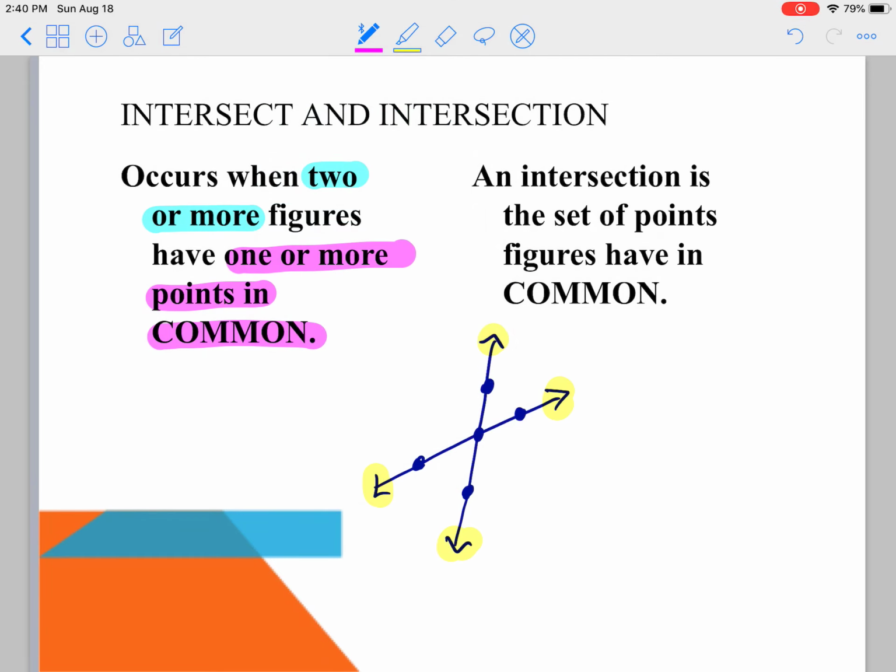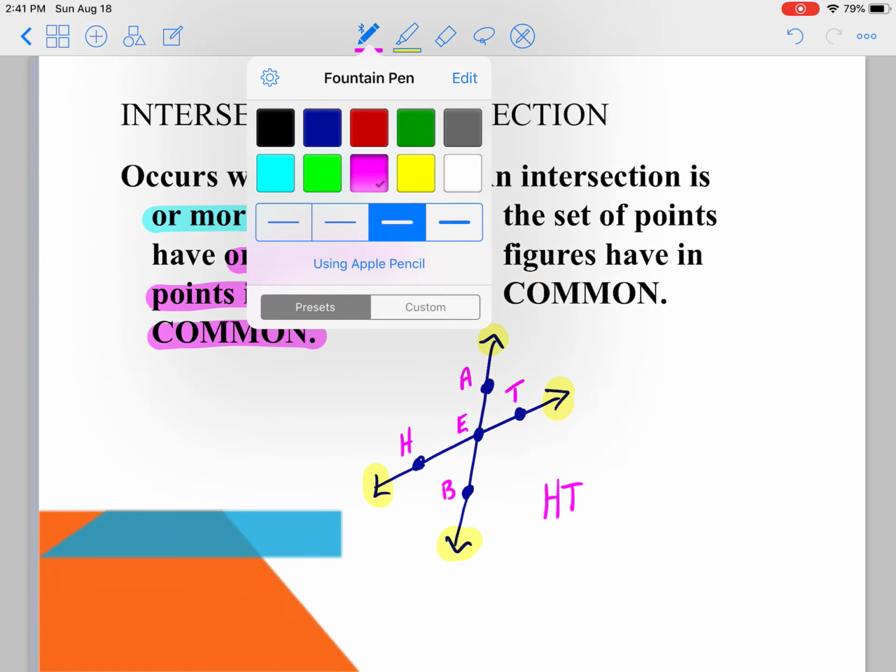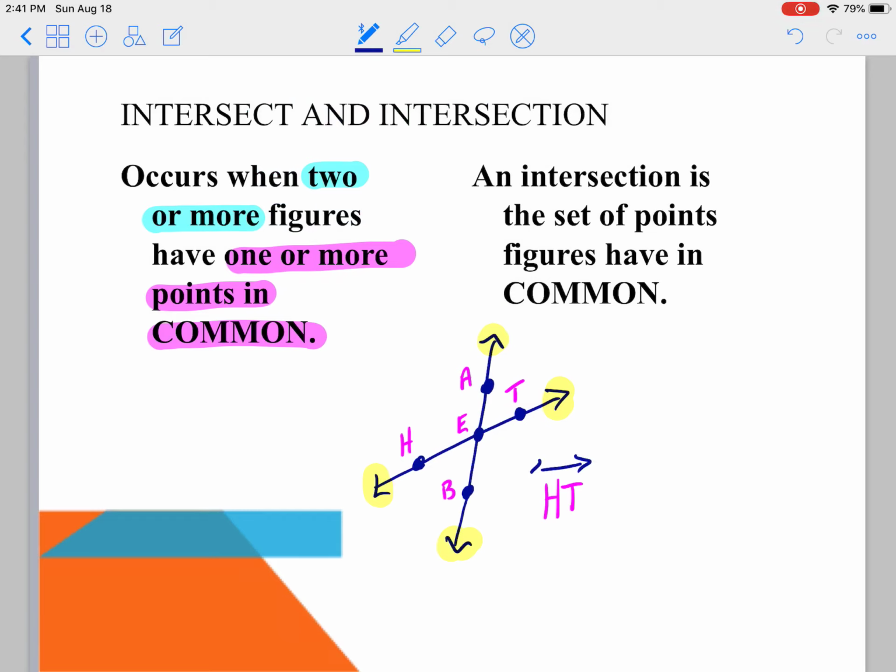And we'll call this line H, E, and T, and we'll call these A and B. And so now, to refer to our previous discussion about naming lines, I'm going to say I have line HT, and just to highlight the fact that we need the arrowheads on both sides for a line.